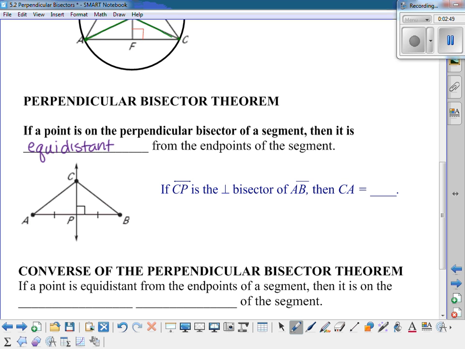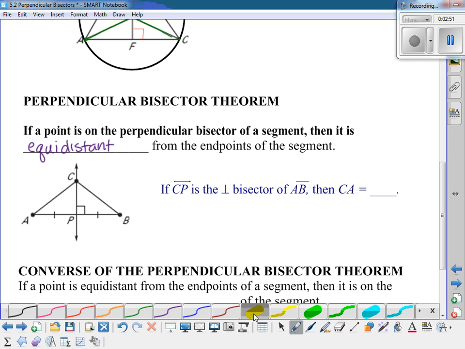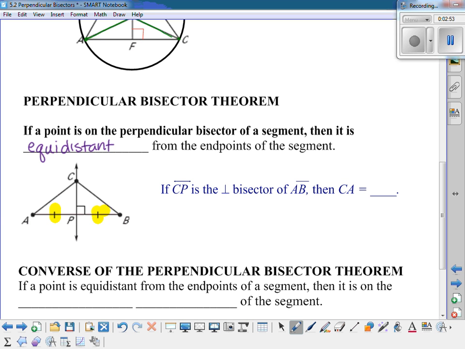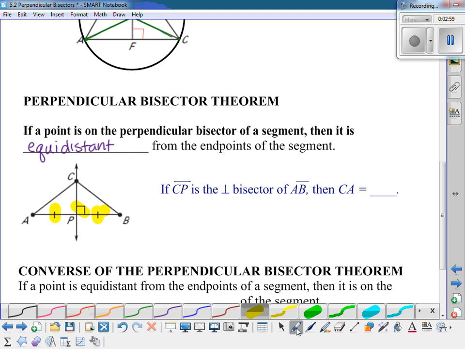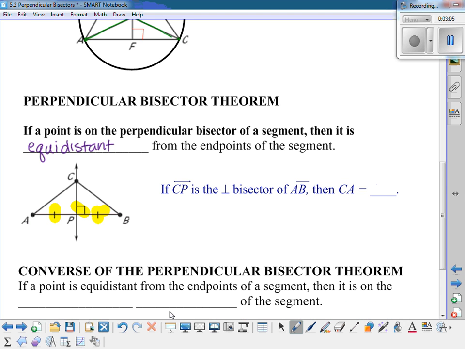AP and PB are congruent to each other, and it's got the mark for a right angle, so I know it's a perpendicular bisector. So if CP is the perpendicular bisector of AB, then I know that CA is going to equal CB, because C is a point that is on the perpendicular bisector.